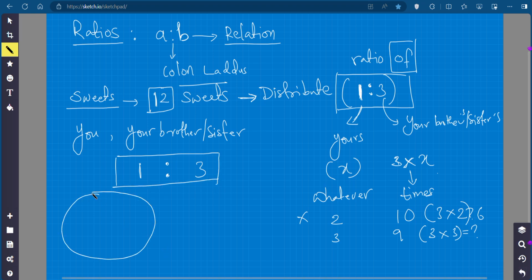Imagine you have a cake. Again, this is a cake. I split or cut this cake into 4 parts. This is the first part, this one is the second part, this is the third part, and the fourth part. I am saying first, second, third and fourth because this slice alone is the third slice of this pizza, and this slice alone is the fourth part of this pizza.